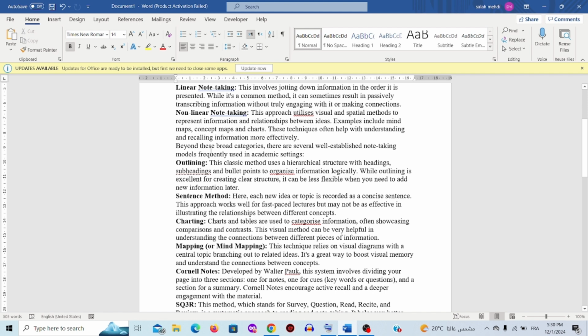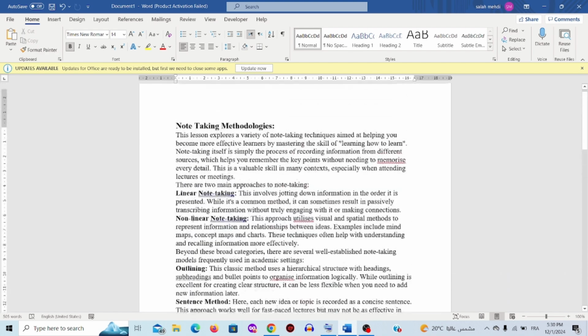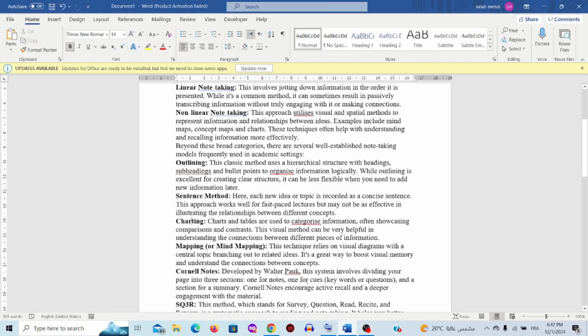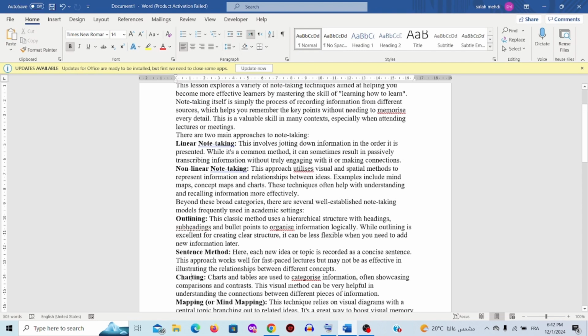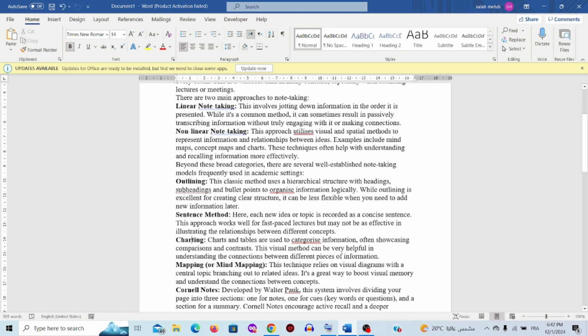Beyond these broad categories, there are several well-established note-taking models. So there are famous methods in note-taking, and we are going to explore them together. We have several note-taking techniques, and the first one is outlining. This classic method uses a hierarchical structure.